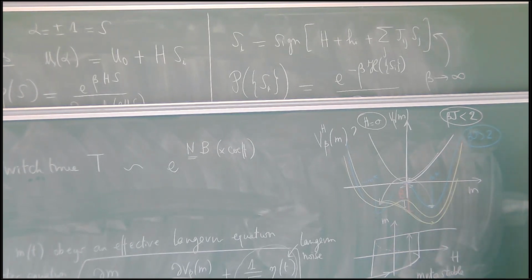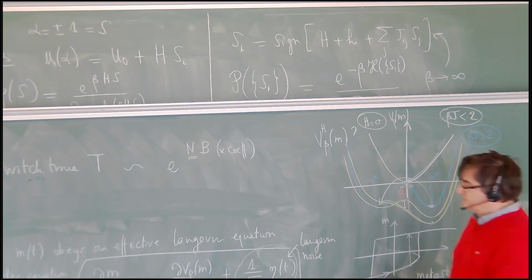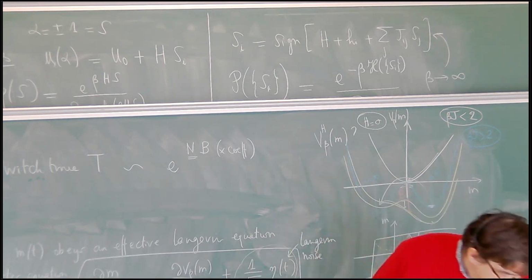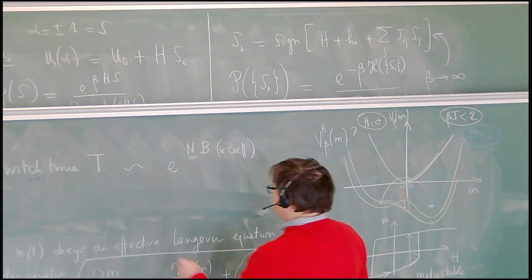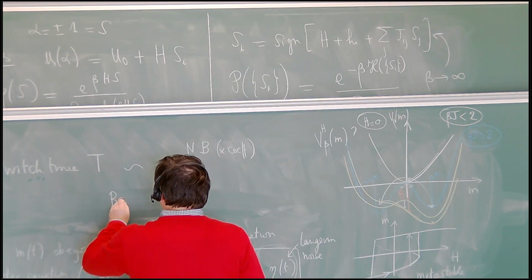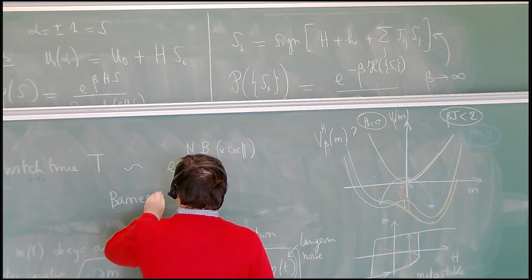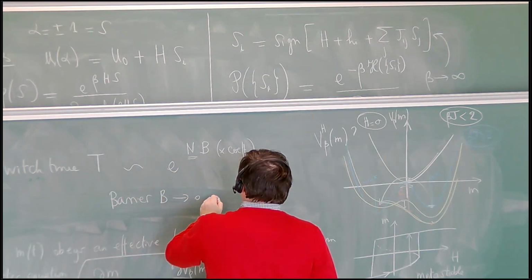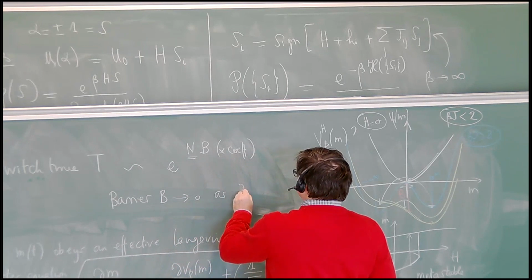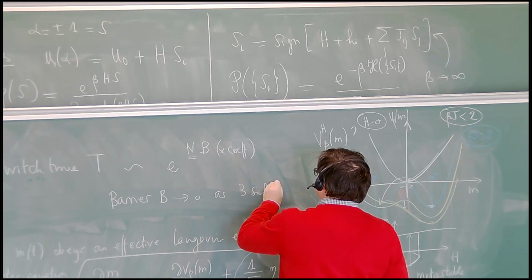So actually at one point, at the spinodal point, the barrier B goes to 0. So that's another property of the model, is that barrier B goes to 0 as the 3 solutions coalesce into 1.